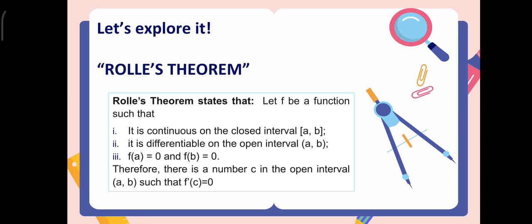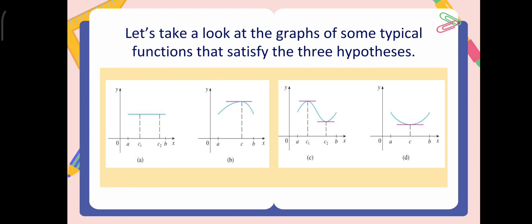And the third condition for the Rolle's theorem, if f(a) is equal to 0 and f(b) is equal to 0, therefore Rolle's theorem states that there is a number c in the open interval (a, b) such that f'(c) is equal to 0.